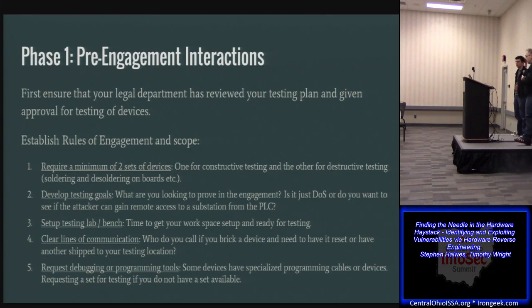Finally, if there are specialized debuggers or programmers that we have to get from the vendors, there could be some lead time in getting those, and I've had some experience dealing with that. So if there is a wireless or RF type of connector or an IR connector you need to connect into the device, request all that from the vendor while you're getting the gear.